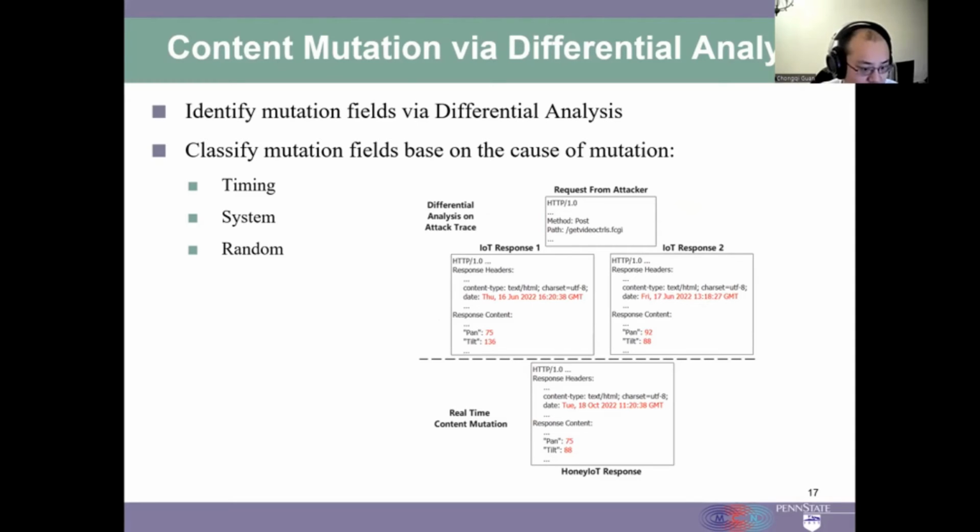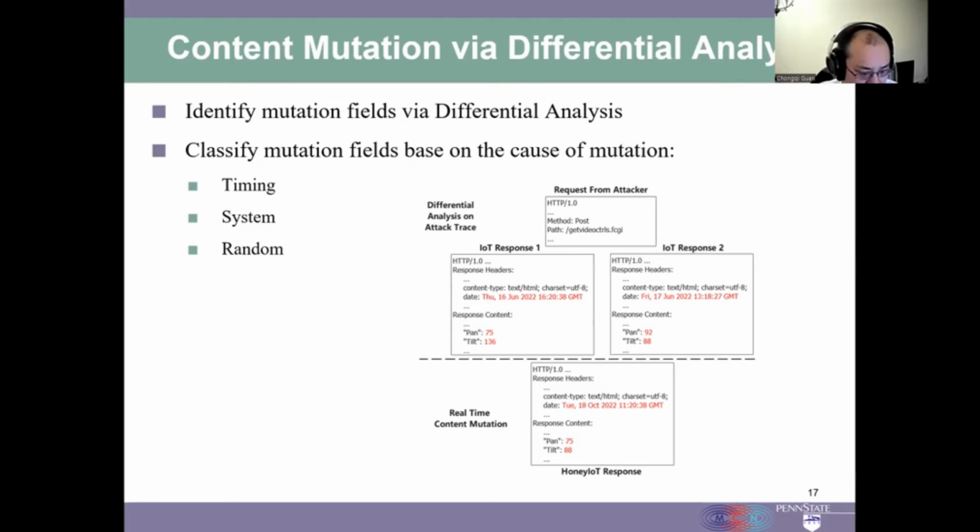Then we classify the mutation fields into different categories based on the cause of the mutation. The time fields, such as the date field in the HTTP headers; the system fields, such as the orientation of the IoT cameras or the switch status of the smart plug, which is usually used in different API calls; or some random fields that do not have a very clear mutation logic, which can be session identifiers, encrypted values, etc. The figure here shows how to update the mutation fields with a simple example based on a specific attack request against the NC220 web camera.